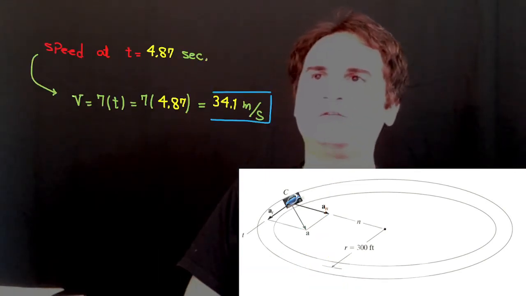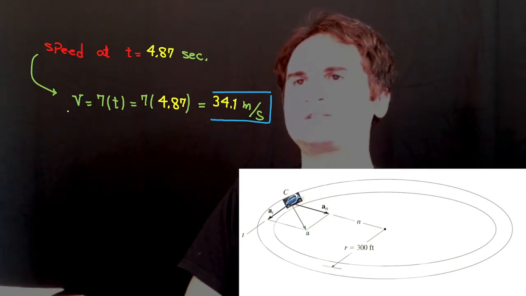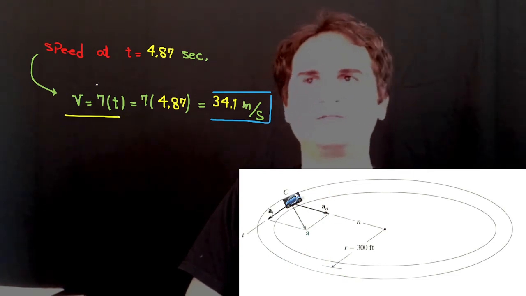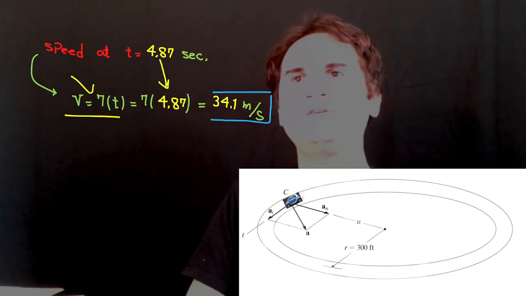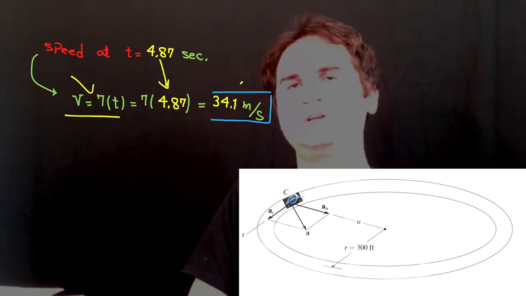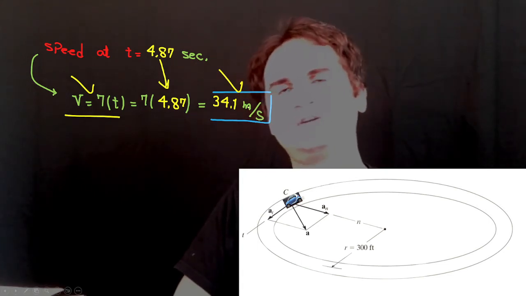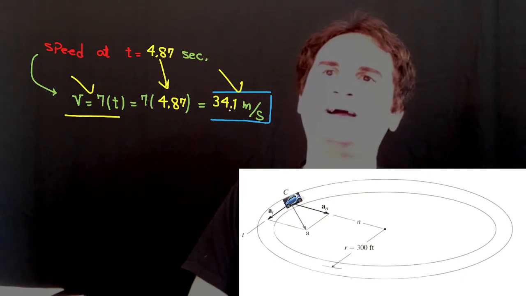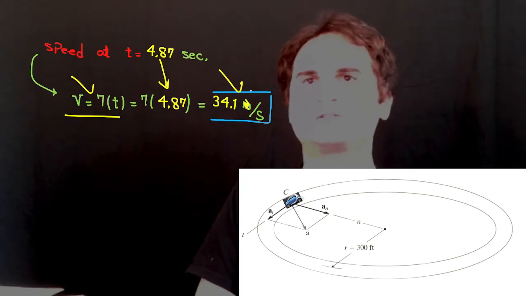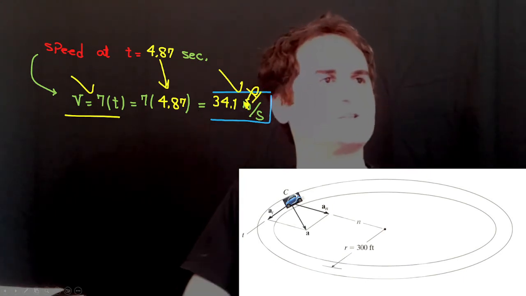And if you replace that in the equation for speed, it is 7 times t. We already calculated this equation. If you replace the numeric value of time in the equation, it gives you a velocity of 34.1, and that's feet per second, because we are working in US customary units.